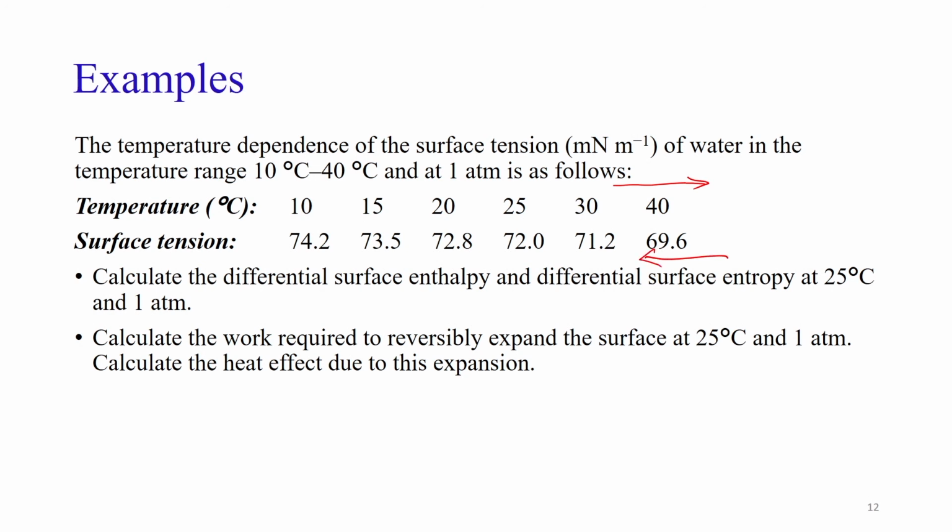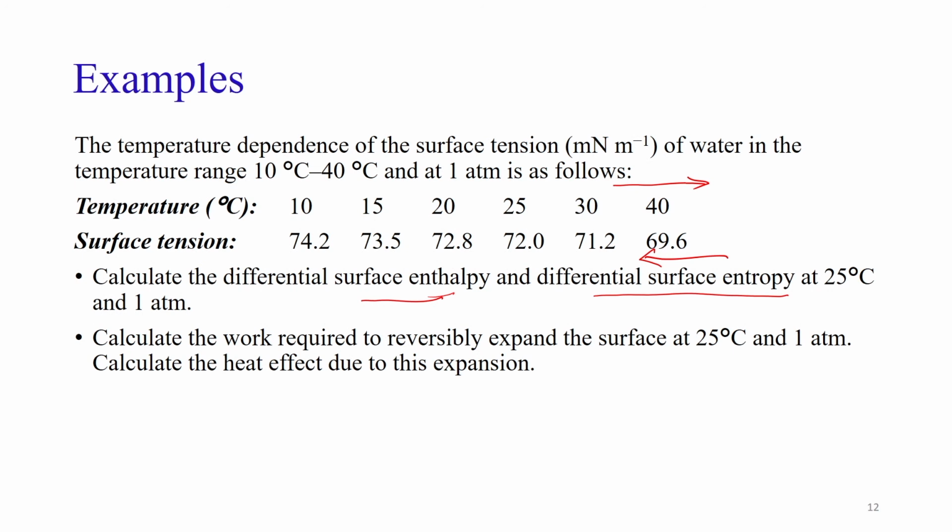Now, from the previous concept, can we calculate the differential surface enthalpy and differential surface entropy at 25 degree centigrade and 1 atmosphere? So, if you want to calculate the differential surface enthalpy, or the differential surface entropy.